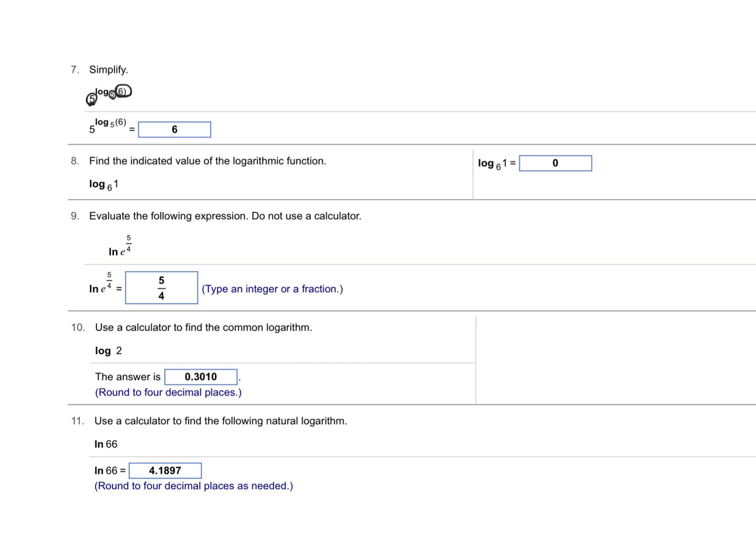Log base 6 of 1: log base anything of 1 is 0. What we're trying to figure out is, 6 to what power equals 1? To raise 6 to a power and get 1, x would have to equal 0.